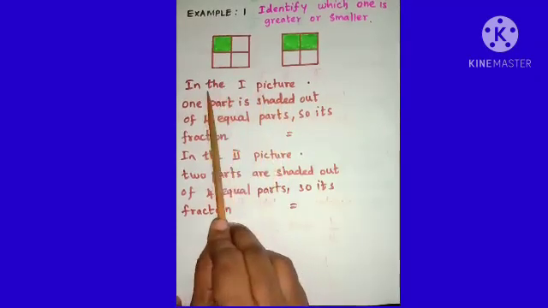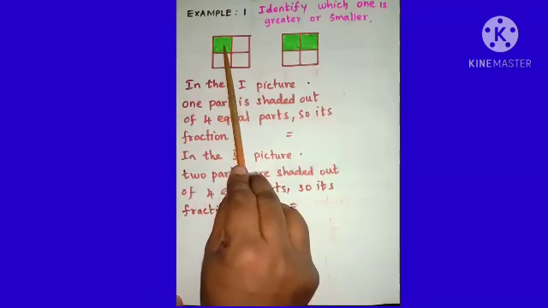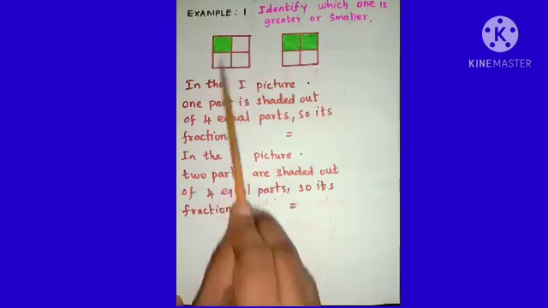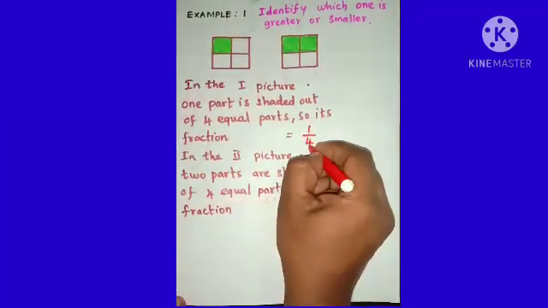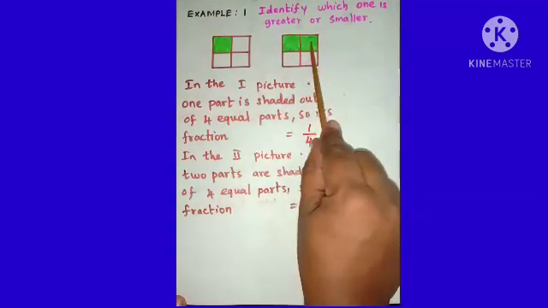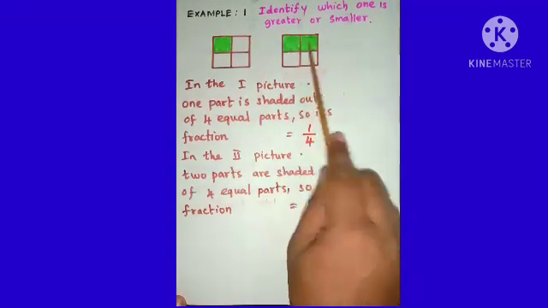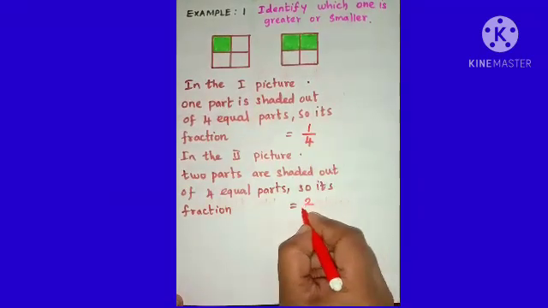Okay, now in the first picture, 1 part is shaded out of 4 equal parts, so its fraction is 1 by 4. And in the second picture, 2 parts are shaded out of 4 equal parts, so its fraction is 2 by 4.